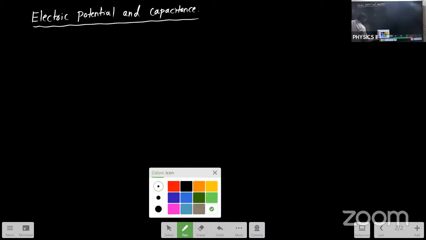This was the new topic that we started in yesterday's class. I think we have discussed the arrangement of capacitors.